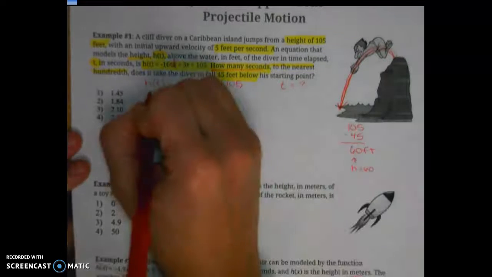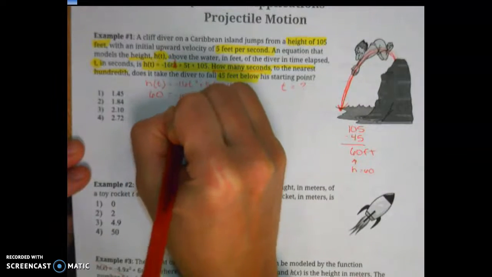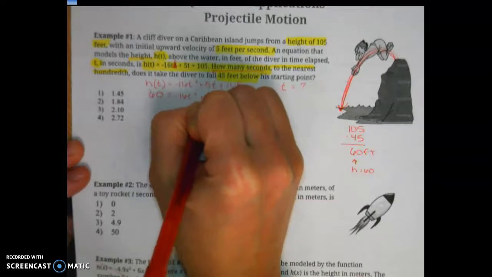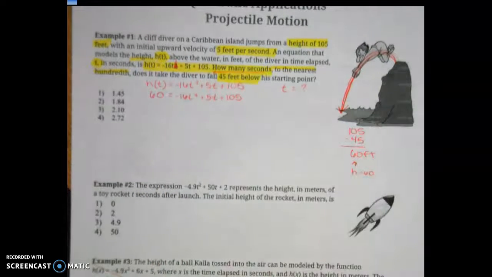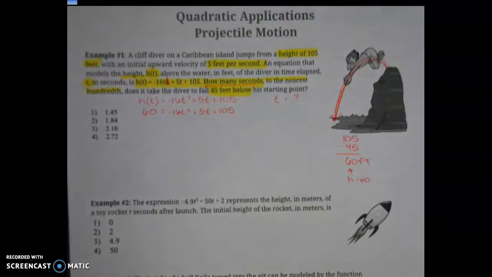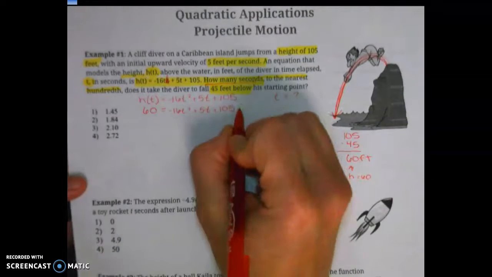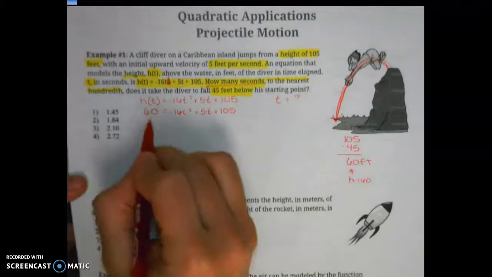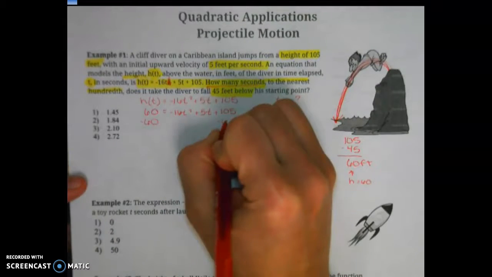So let me go ahead and put the number 60 here underneath where I wrote h, and then I'll rewrite the rest of the equation. If you didn't rewrite it before, you should rewrite it now. Okay. So now we have a quadratic equation, and you've learned multiple ways to solve quadratic equations, but for most of them you're going to get them set equal to 0. So typically you might put the 60 on this side, but I'm going to get it equal to 0 on this side, and then we'll just flip where the 0 is.